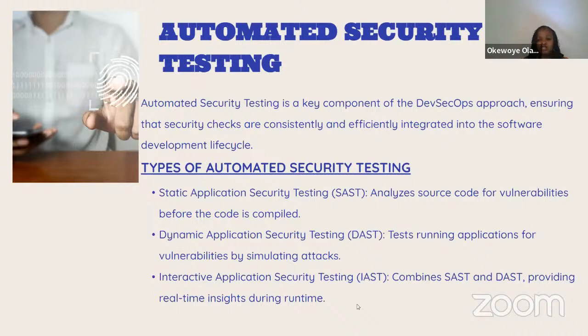So we have types of automated security testing. We have static application security testing, which is SAST. This one analyzes source code for vulnerabilities before the code is compiled. We have dynamic application security testing, DAST.